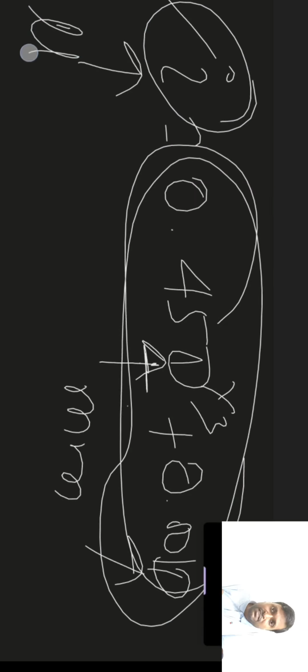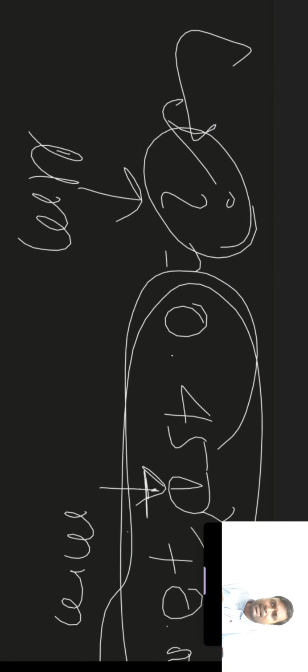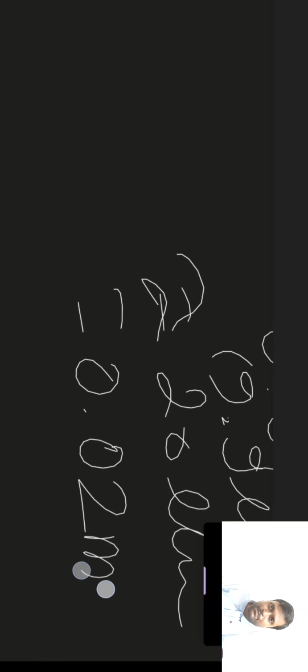Since this is an empirical formula, dimensionally the LHS will not be equal to RHS. So this will be in micrometers. Suppose we have found i as 19.9 micrometer. So 19.9 micrometer is approximately 20 micrometer, and that is 0.02 millimeter.